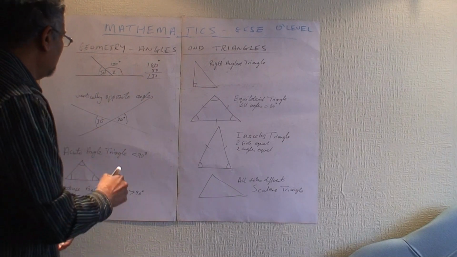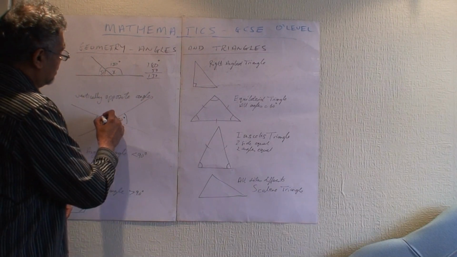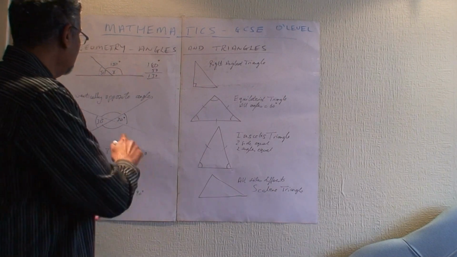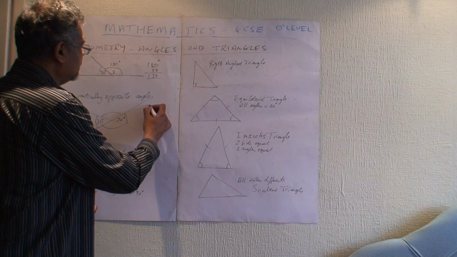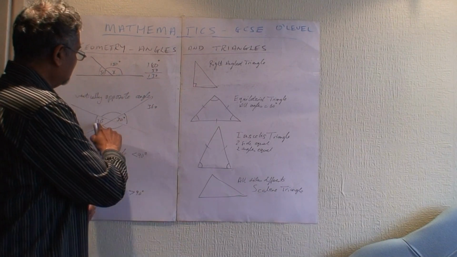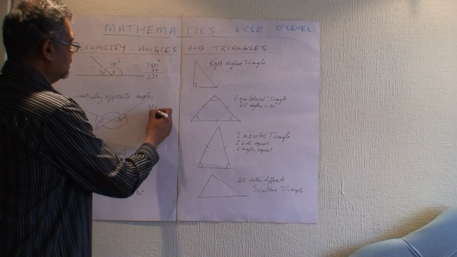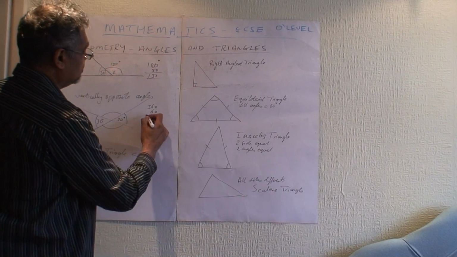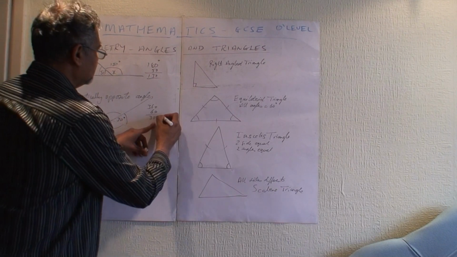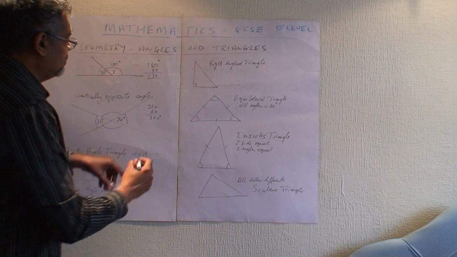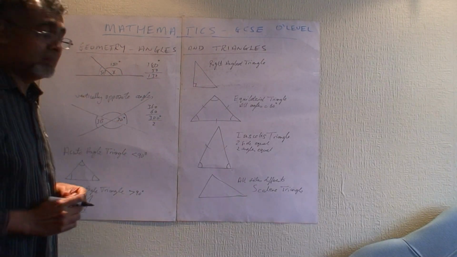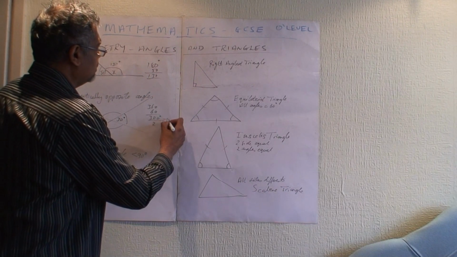And we could find this angle, we could find that angle, because we know the complete angle is 360 degrees. We just minus 30 and 30 from this, so we minus 60, and we are left with 300 degrees. 300 degrees divided by 2, to get this angle and this angle, is equal to 150 degrees.